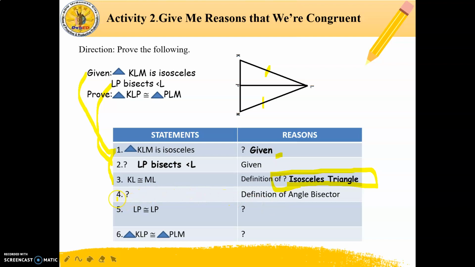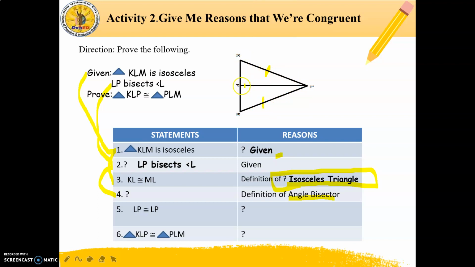Now for number 4, let's use the second statement. LP bisects angle L. Side LP bisects this big angle KLM, or angle L. What valid conclusion can be derived from the statement? Based from the definition of an angle bisector, it is the segment that divides an angle into two congruent smaller angles.